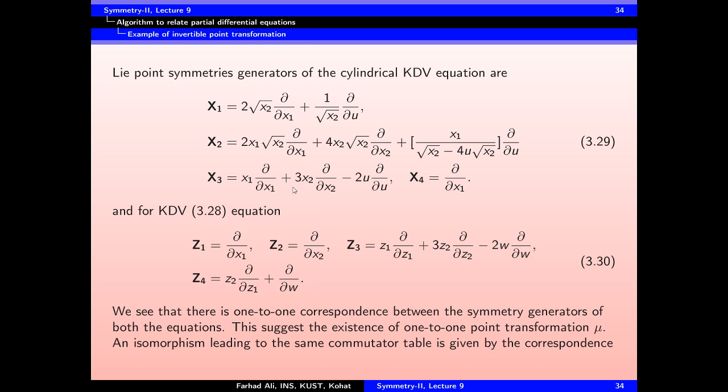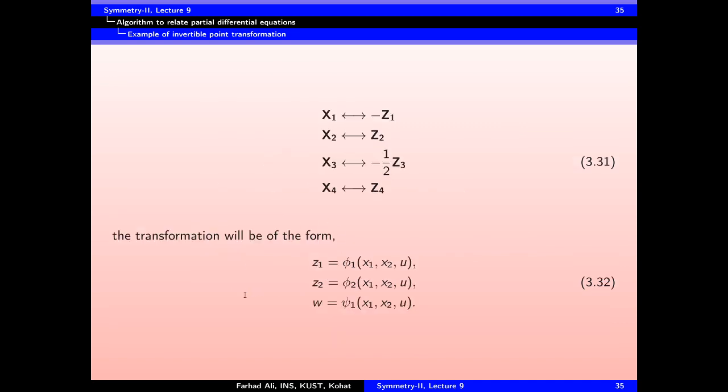So the number of symmetries of the cylindrical KdV equation and the KdV equation are equal. So there is a mapping, you see in equation 3.31. We are interested in this sort of transformation.